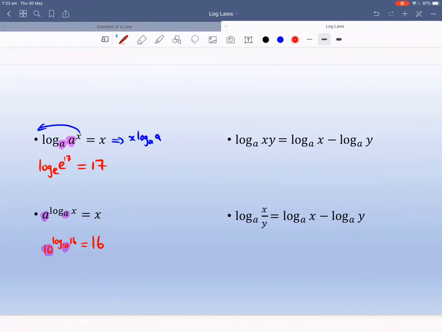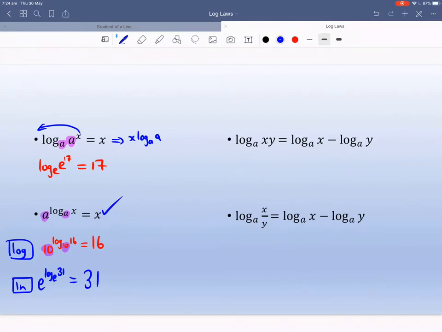So it's really, really important that we understand that. And if you want to try another one, go e to the power of log base e, and let's try 31, and you should get 31. So that's what this log law is saying. The button for that one is log, this one is ln.